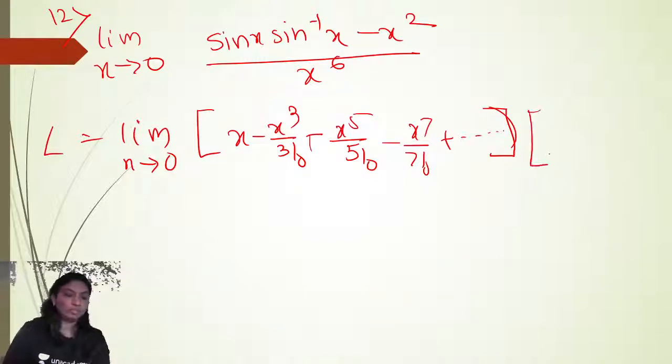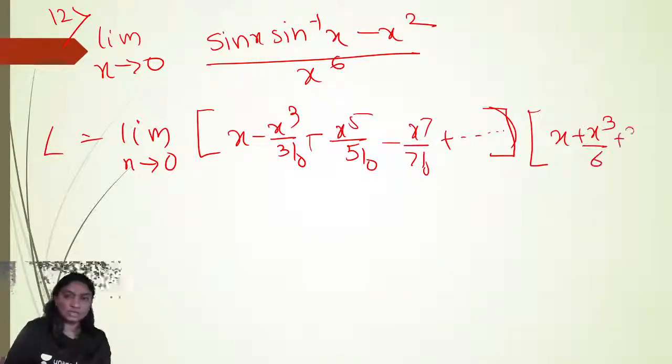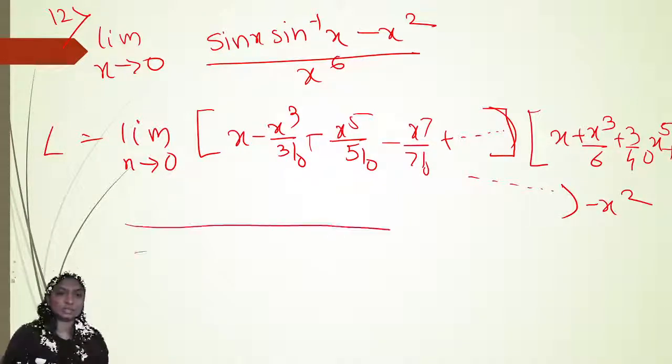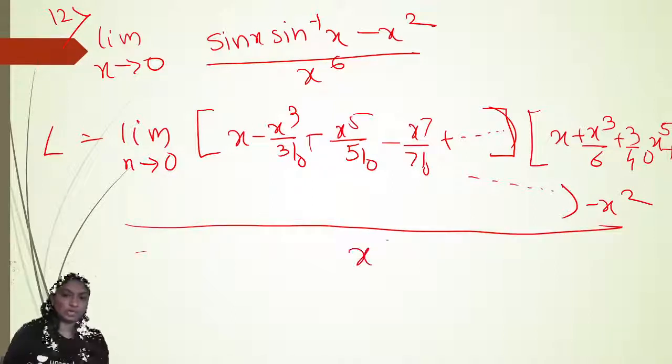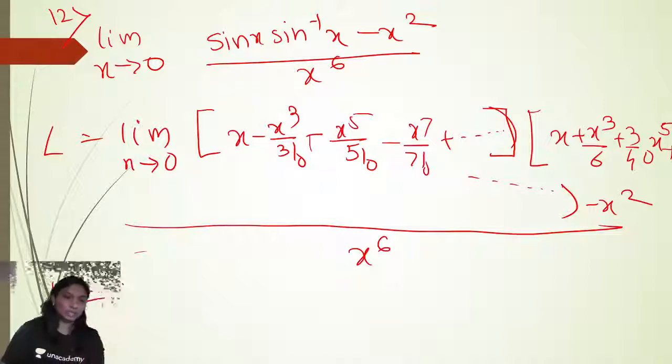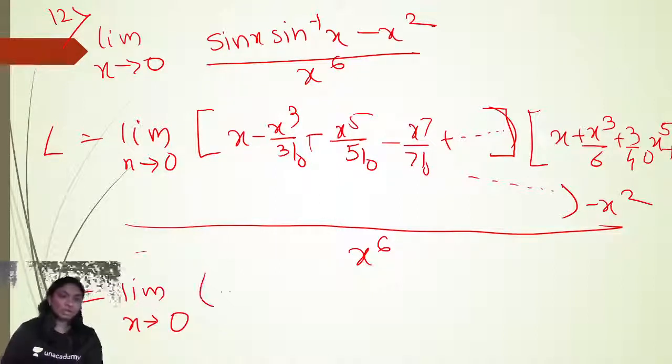Okay, into the bracket, here is x plus x cube by 6 plus 3 by 40 x raised to 5, and so on, minus x square upon x raised to 6. So L is equal to limit as x tends to 0, x minus x square.